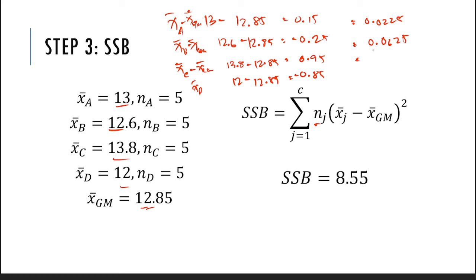Then you'll have 0.95, and you just need to square that, so that will be equal to 0.9025. Then we'll have here 0.85, and you just need to square that, so that will be 0.7225. Then you just need to add all of them, so I'm adding already.